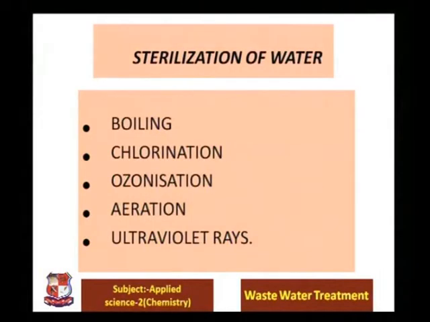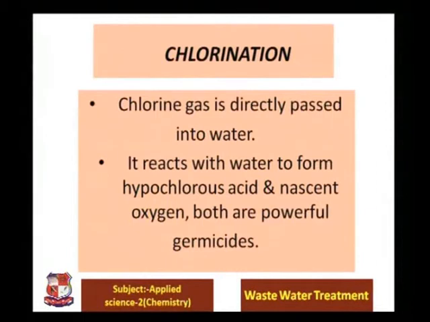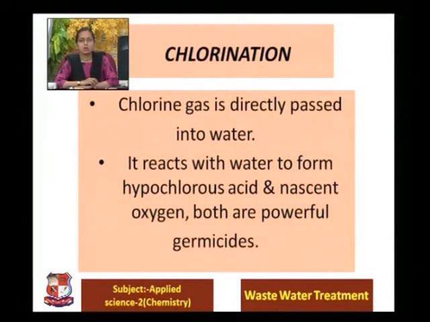Let us try to understand the second technique, that is chlorination. There are two ways of doing chlorination. Chlorination is done by directly passing chlorine gas into water. Suppose you have water in tanks.